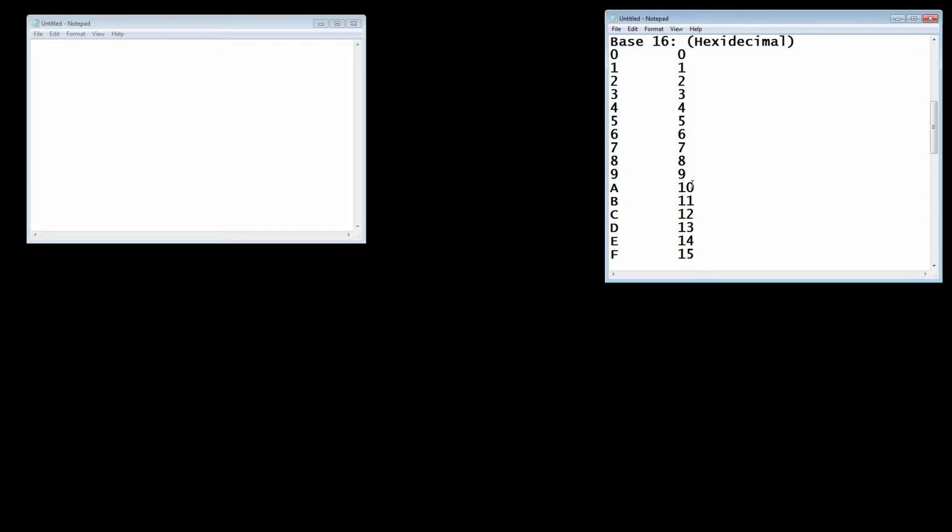But once we reach 10, we can't use two digits to represent 10, and the reason for this is... let me get my hexadecimal value here that I'm using because I've been using it every time. So this is our hexadecimal value.